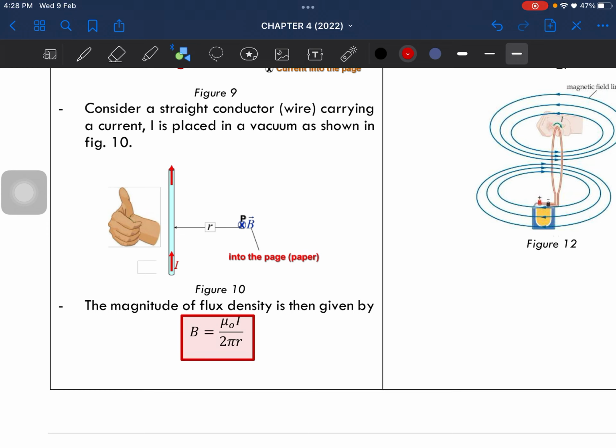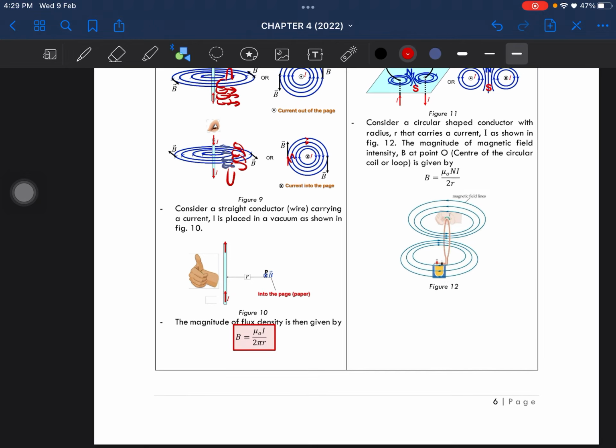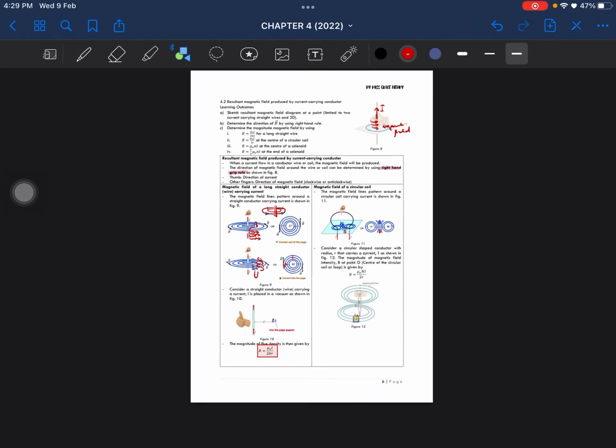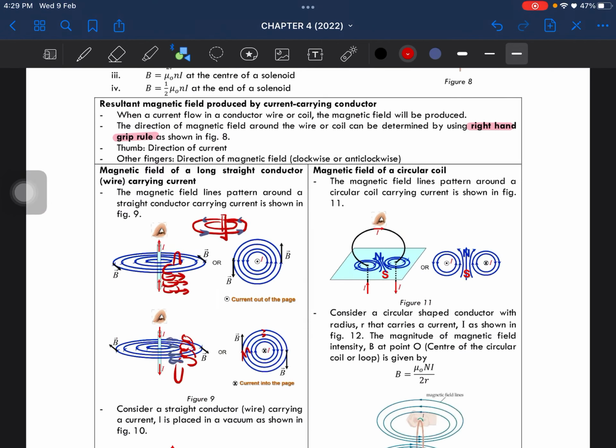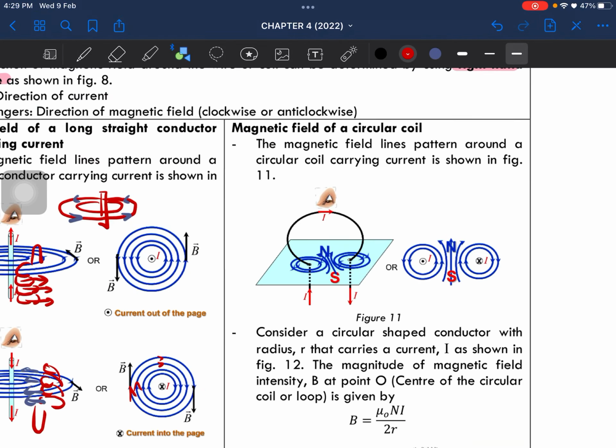This is the equation that you need to use when you come across a straight current carrying conductor question. So now let's look at the circular coil.